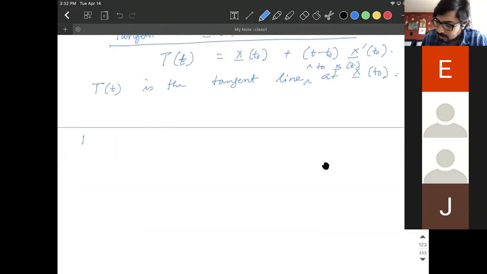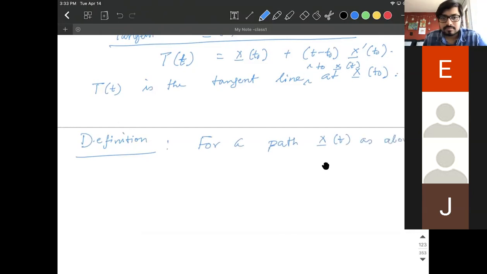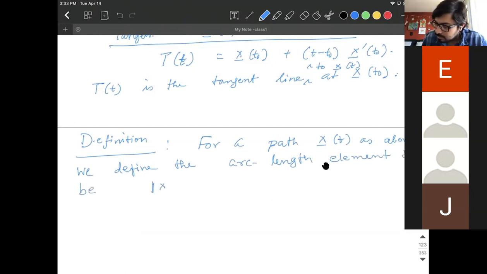Now, here's the first type of integral. So definition. For a path as above, of course, we define firstly the arc length element to be the following scalar.